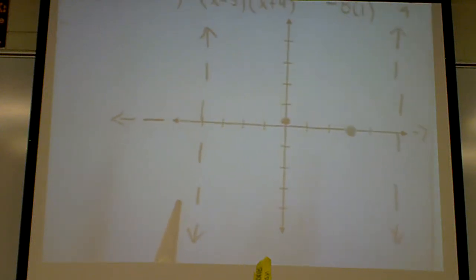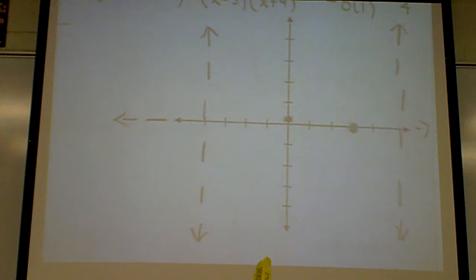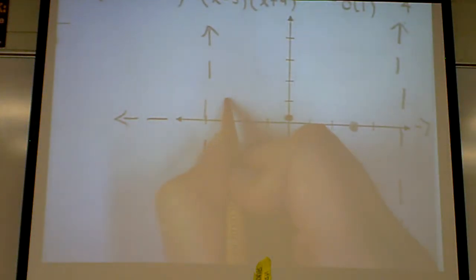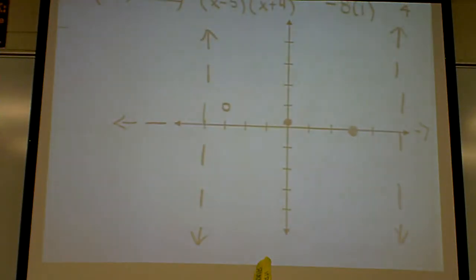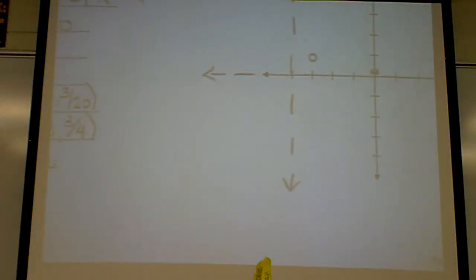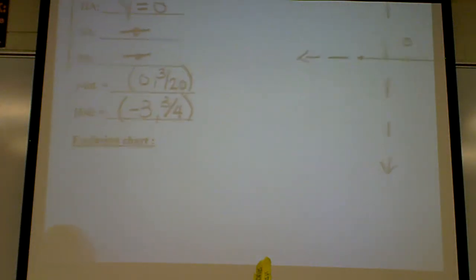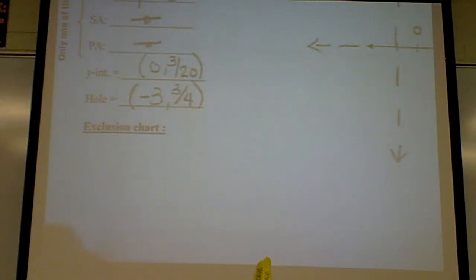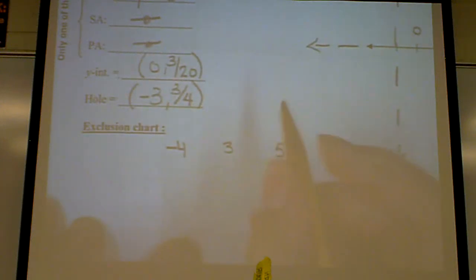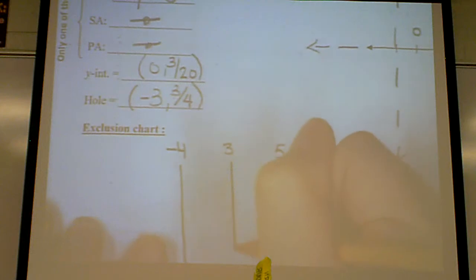Alright, and what else do I have to put in here? The hole. We found it. So my critical values are -4, 3, and 5.